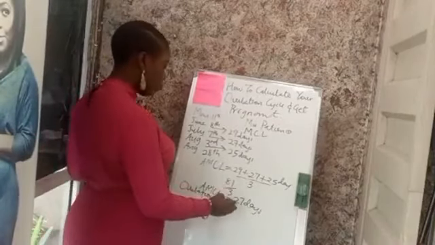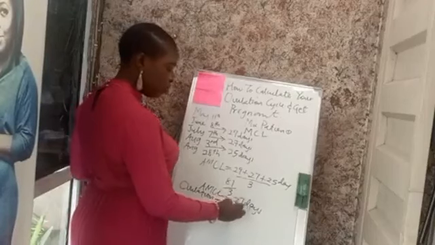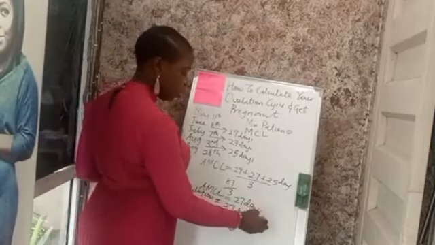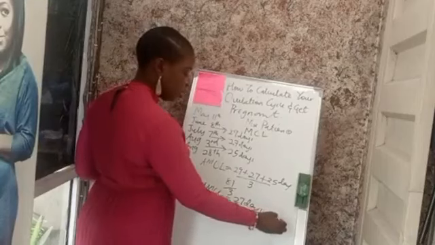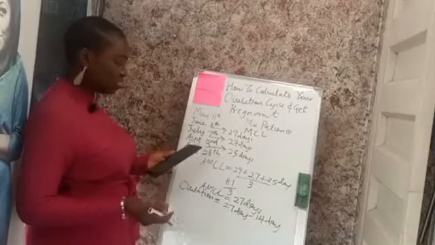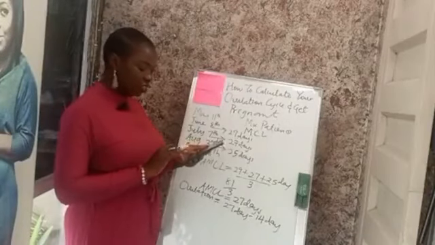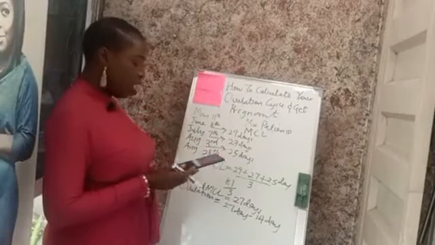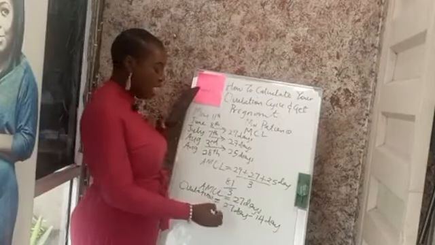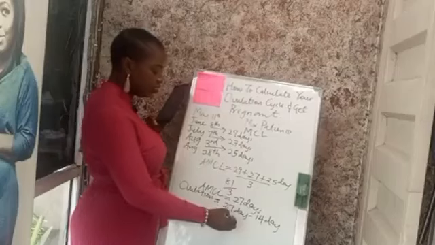So we now have ovulation is 27 days minus 14 days. So what will this give us? 27 minus 14. I say use your calculator. Don't just say it, you may say it is correct, but use your calculator to be sure. Then we have 13 days.